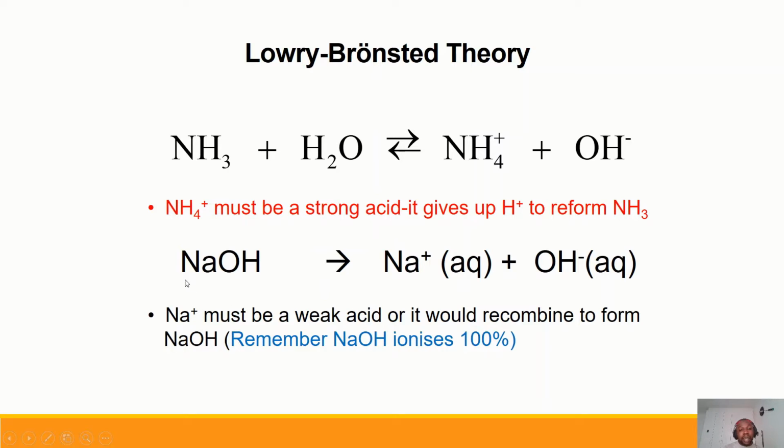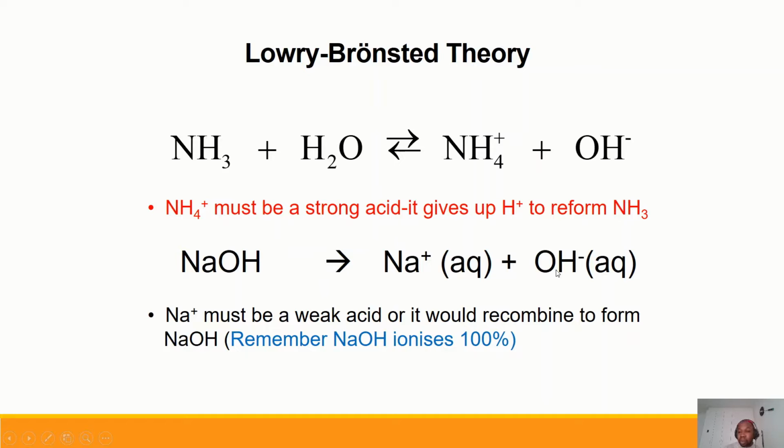So let's check this also. All right. This is going to be a weak acid. Otherwise, it's going to recombine with this to form NaOH again. And remember, NaOH is a strong base, and it should dissociate, ionize 100%. There's nothing like going back. It should ionize 100%, and that's why this is a weak acid.